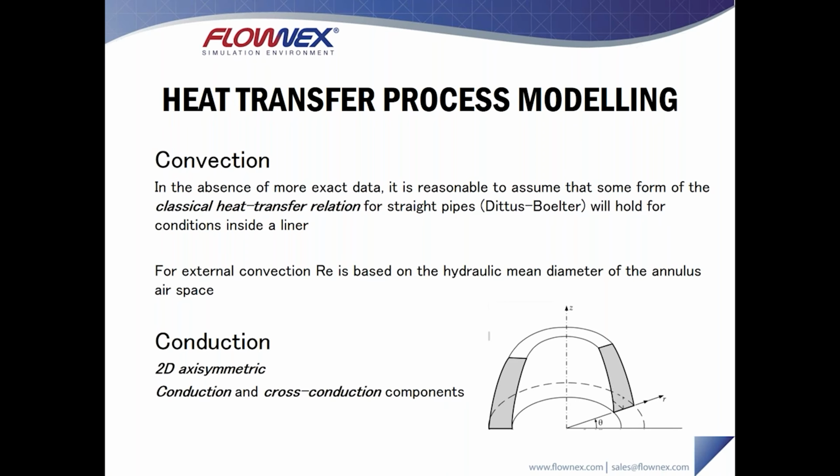If we're looking at conduction, it's pretty straightforward, and we refer to Flownex as a one-dimensional, 1D tool, but if we are talking about heat transfer, we can typically model that two-dimensionally because we not only model conduction, but we also model cross-conduction between components as well.